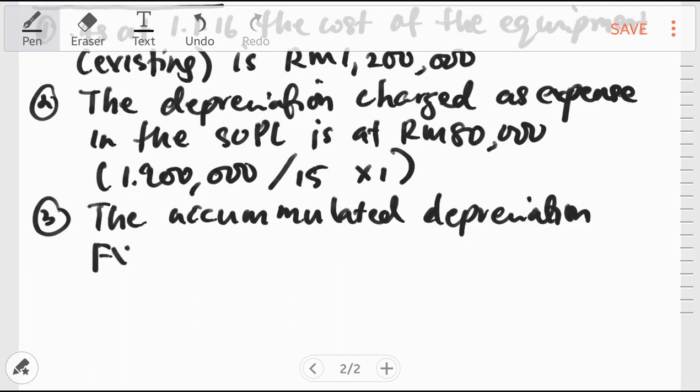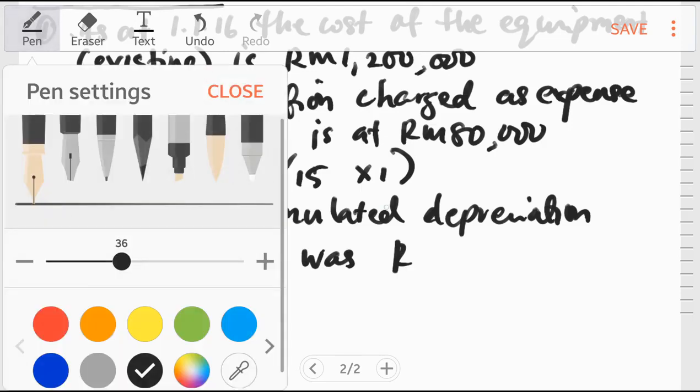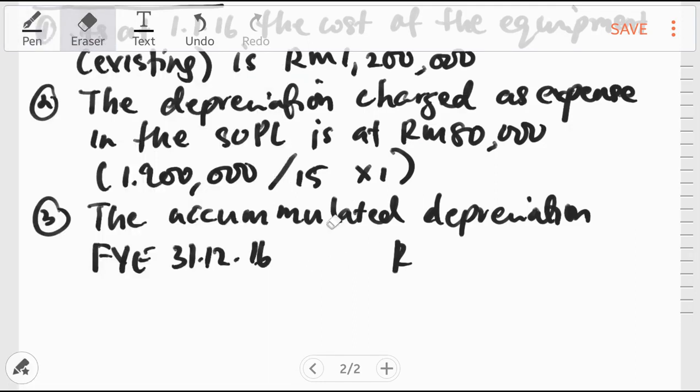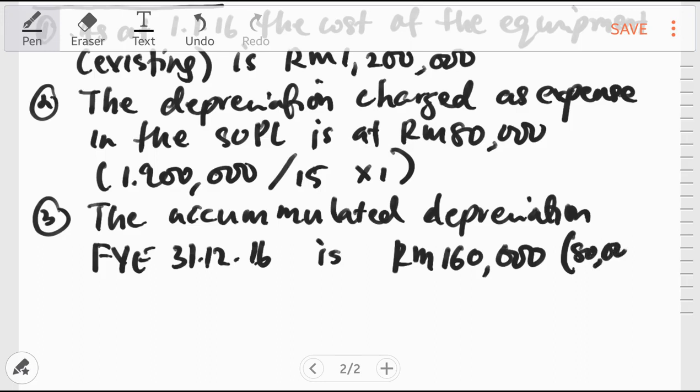So for the year ended 31st of December 16, it was RM160,000. Remember, I took this from the working. Show the workings here. You can show 80,000 times 2.